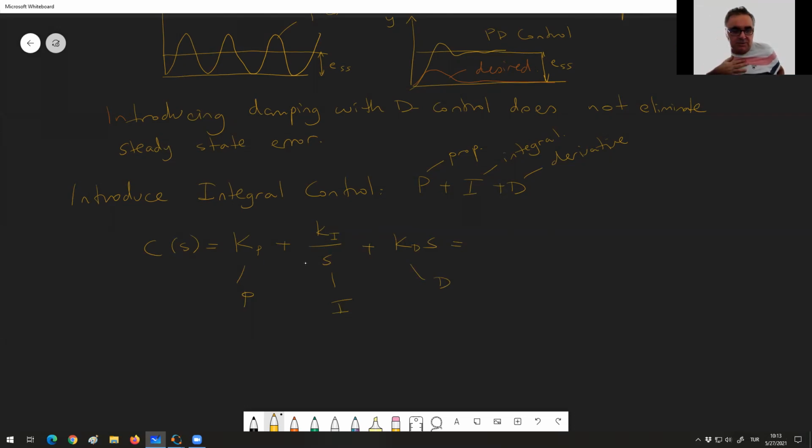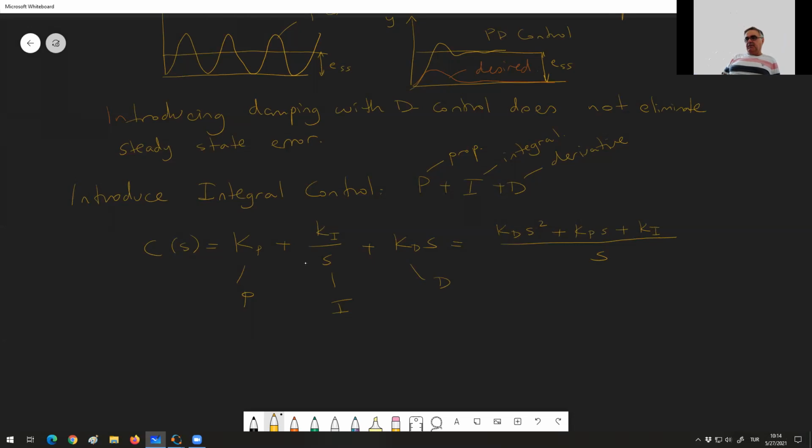This is just an introduction. You might not be able to understand it, but I'm just trying to introduce it here. If you equate the numerators and denominators, you will have Kp S plus Ki over S here.